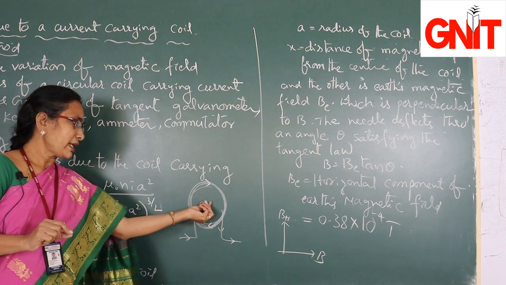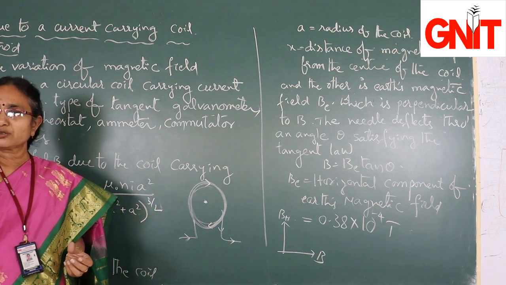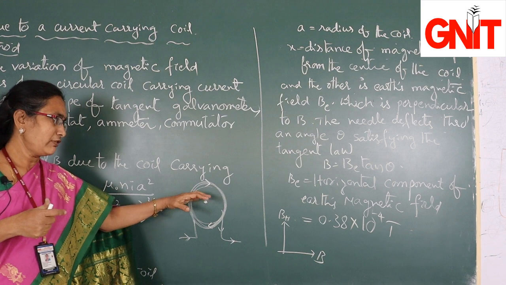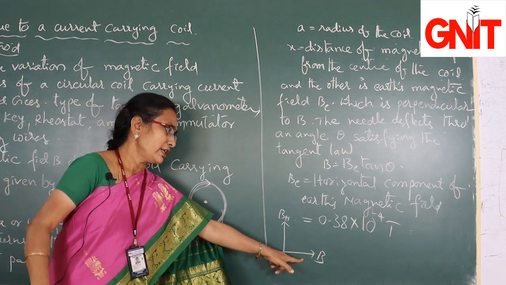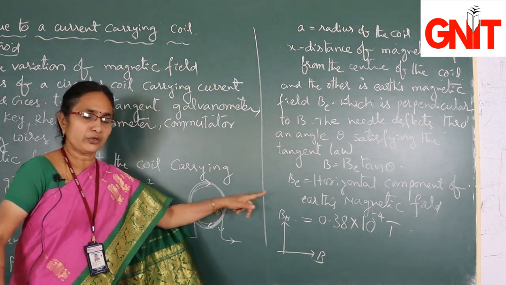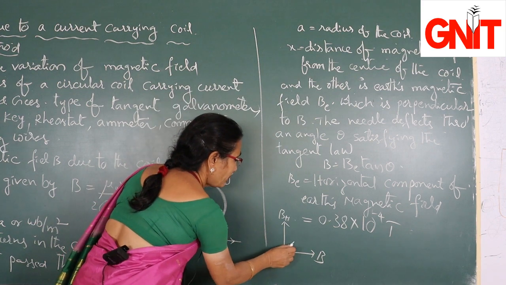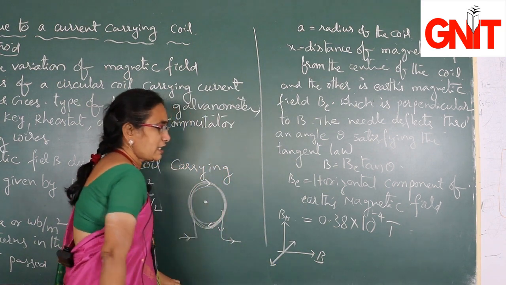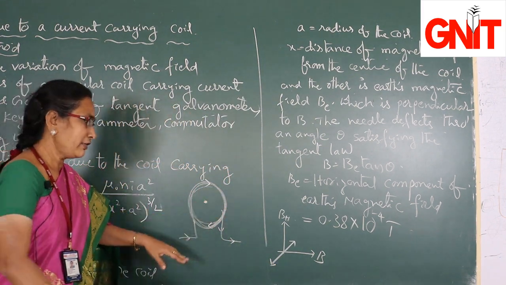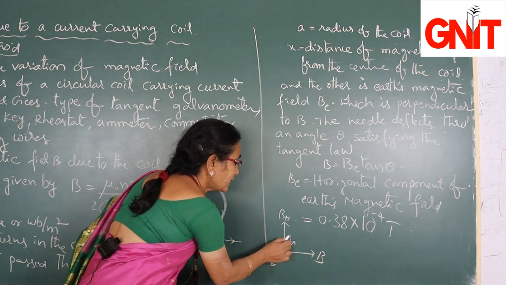That tiny needle will show the resultant of both fields. It will be under the influence of B and also BH, and it will settle at a place which is the resultant of both the fields.